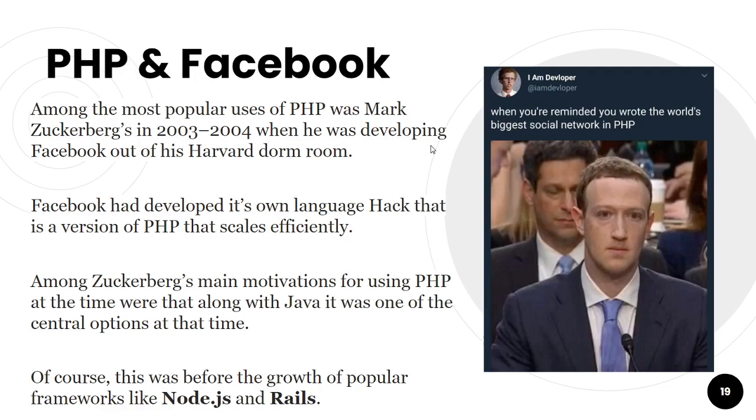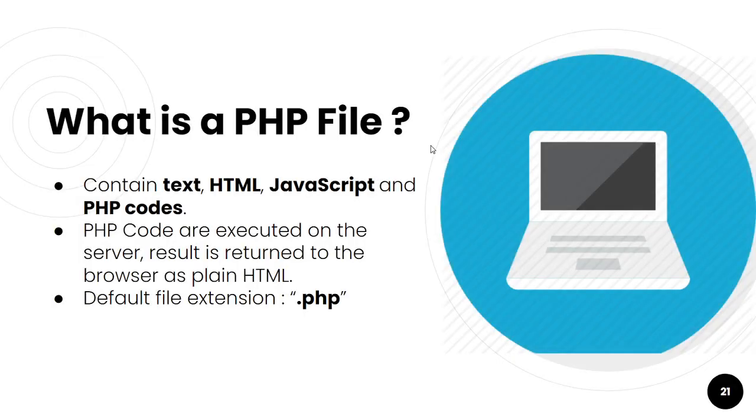Okay, powerful stuff, huh? So moving along, we are talking about PHP, and PHP comes in a file, as does everything else in coding, I guess. So how does PHP work? Like HTML and JavaScript, PHP sits together. They play nice.